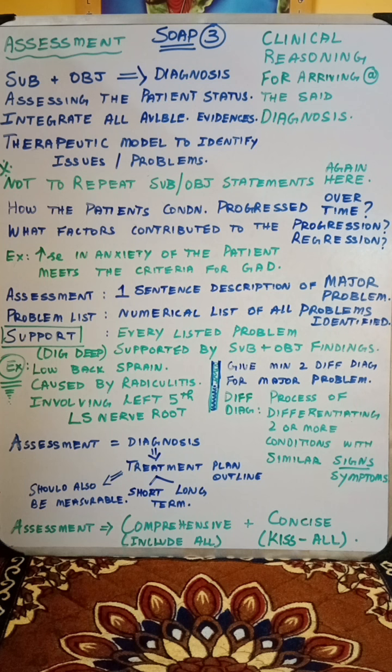Everything has got a model. Treatment has got a model. There is a therapeutic protocol: first line treatment, second line treatment. The same way, there are 2-3 diseases with the same kinds of signs and symptoms, right? So we need to clarify, by giving examples or reasons from the subjective and objective, why it will not be the other problem.